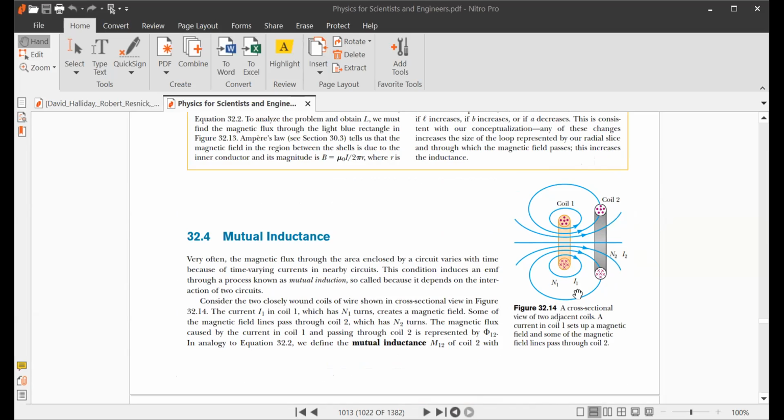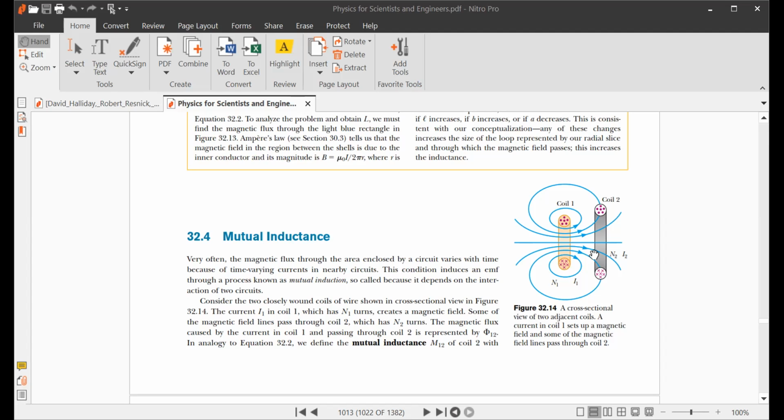If we have a current in the first coil, then it will induce a magnetic field on the second coil.